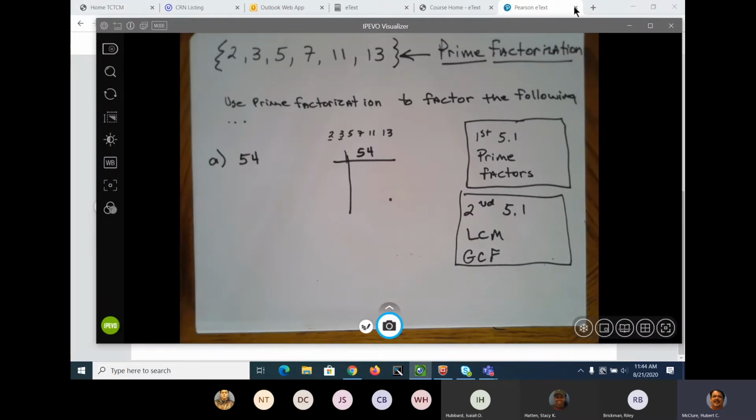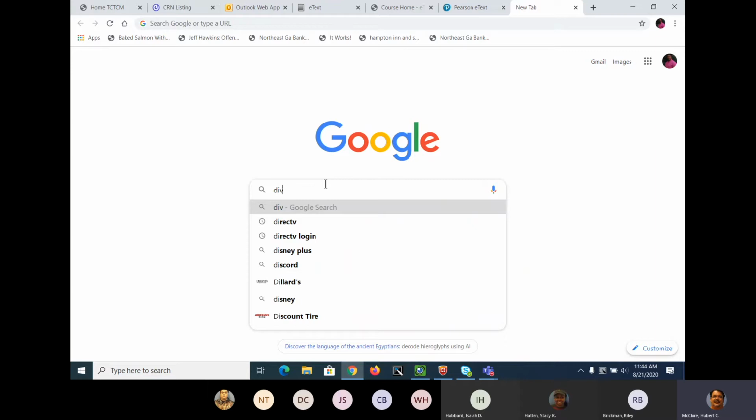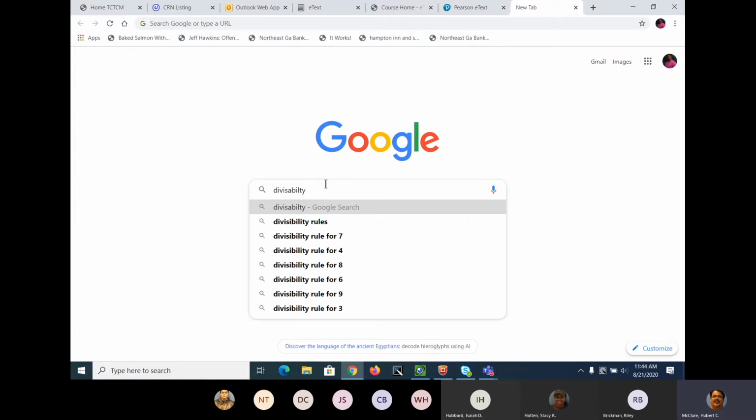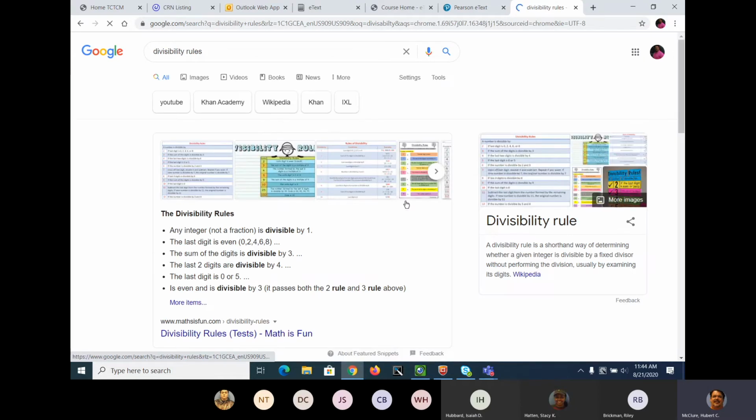All right, so I'm going to go to my handy dandy Google page, and I'm going to pull up divisibility. Now, if somebody's got a book open in front of them, I want you to look in 5.1 and tell me what page this is on, okay? I'm going to just pull one out of the blue images.